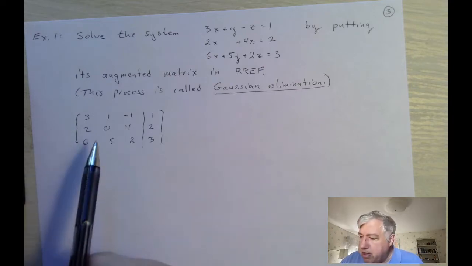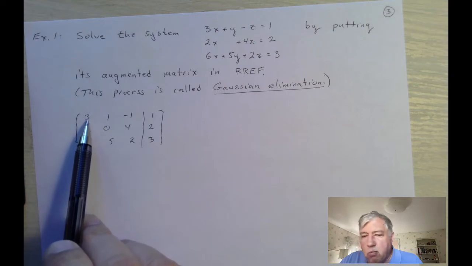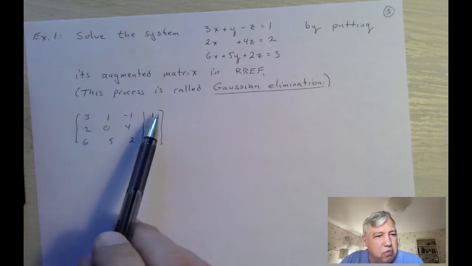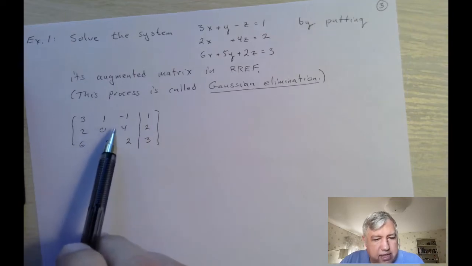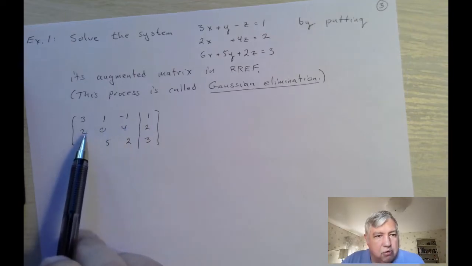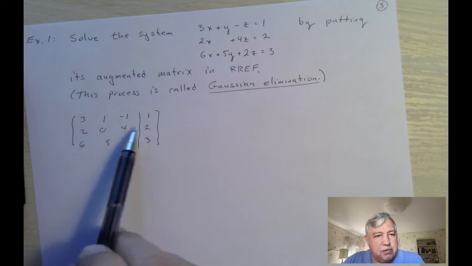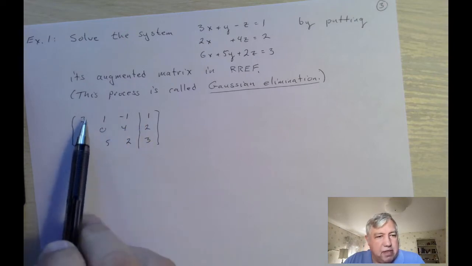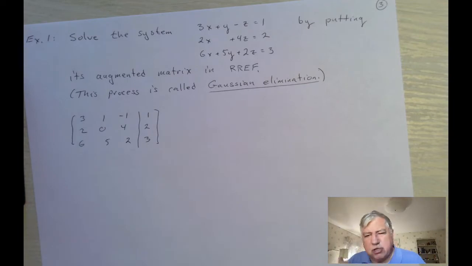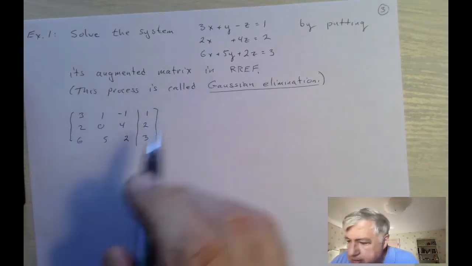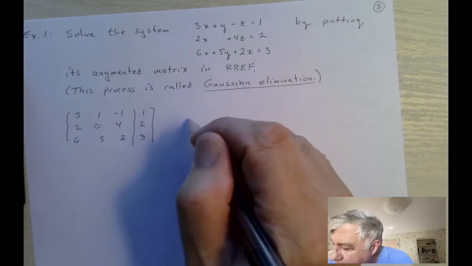Now we would really like this 3 to be a 1, and we could do it a couple different ways. We could multiply this first row by 1/3, which is certainly possible. We could also get a 1 by taking this equation, dividing everything by 2, and then interchanging these two. I'm going to do it that way because that'll delay dealing with any fractions. So we're going to multiply the middle row by 1/2.